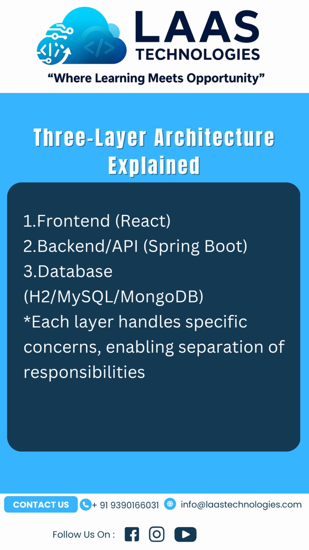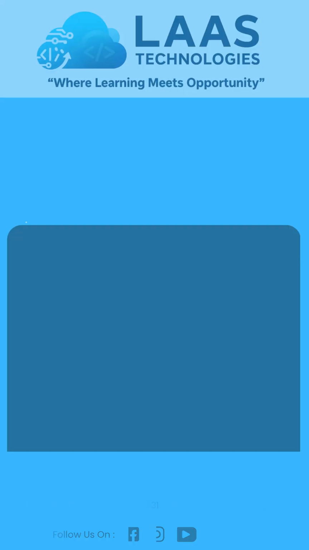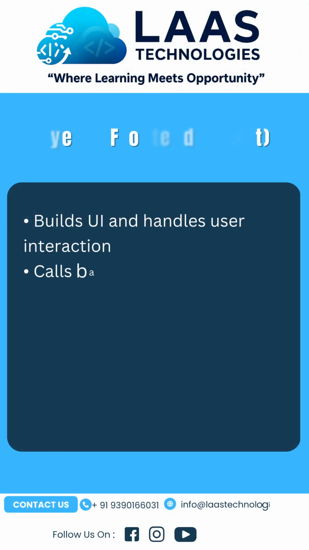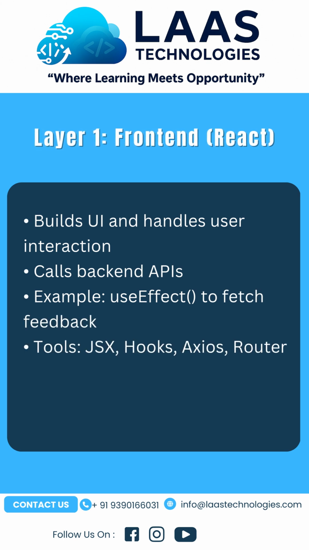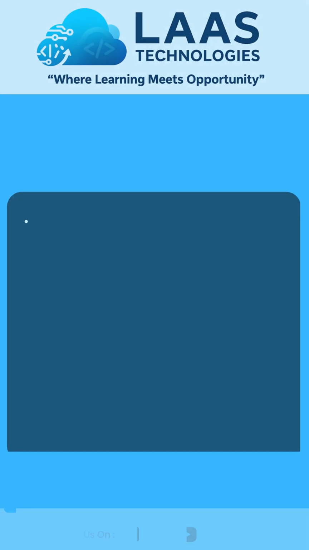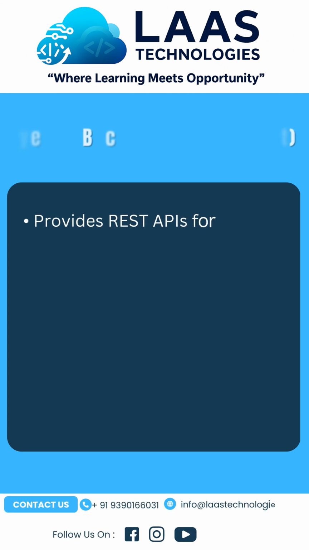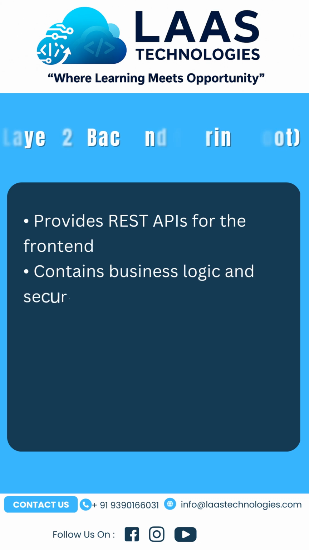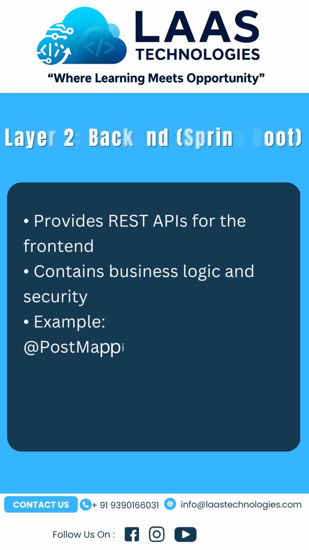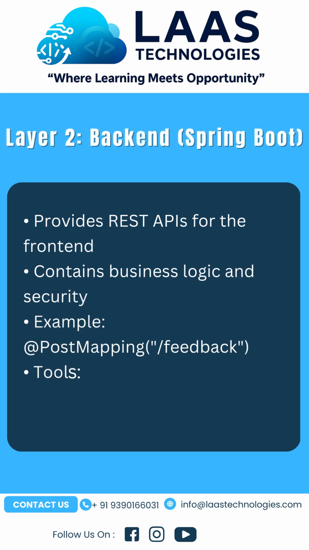For example, we use a post mapping call to handle feedback submissions. So how would we write a post mapping? By using an annotation called @PostMapping with the URL. Here I used /feedback to facilitate this communication from the front end to the back end. The tools used here include Spring MVC for structuring APIs, Spring Data for database access, and validation for input checking.